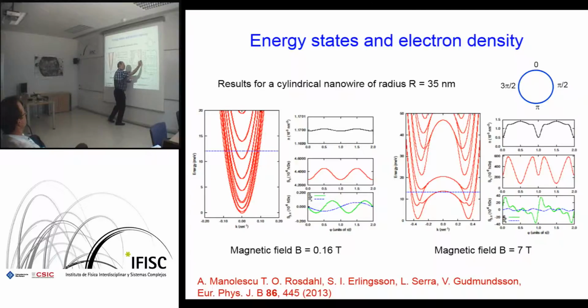These states would correspond to propagation along the snaking orbits. And this means that if you increase the magnetic field, the Landau orbits will increase, but the snaking states will increase less, because they more or less experience a zero magnetic field.